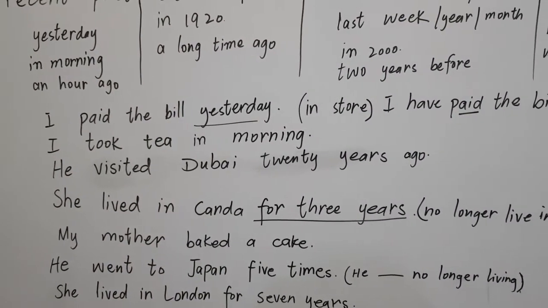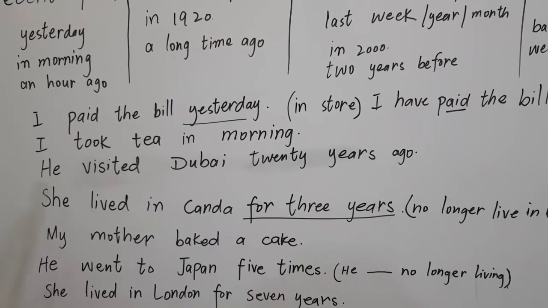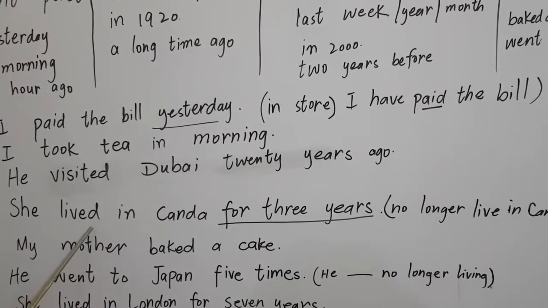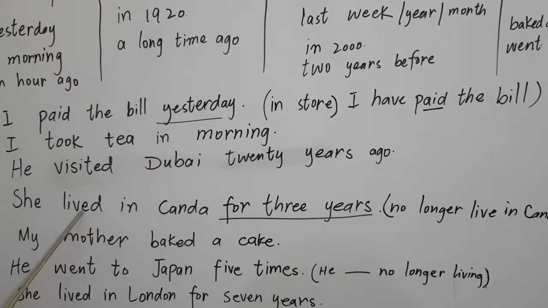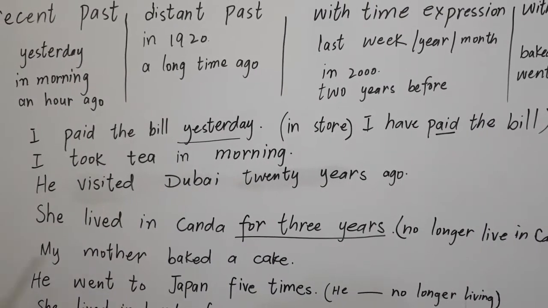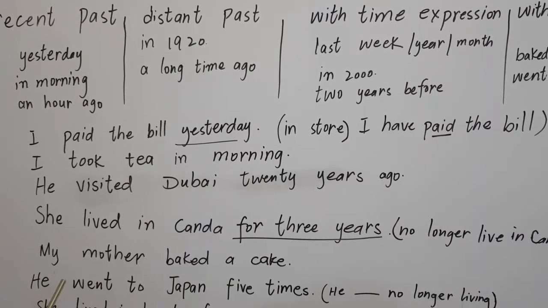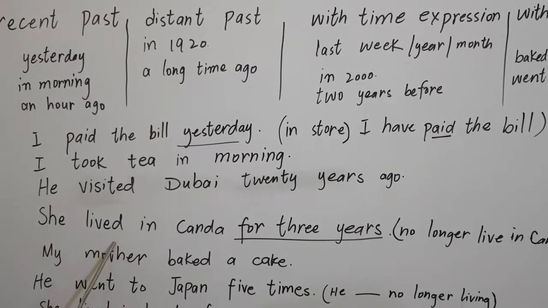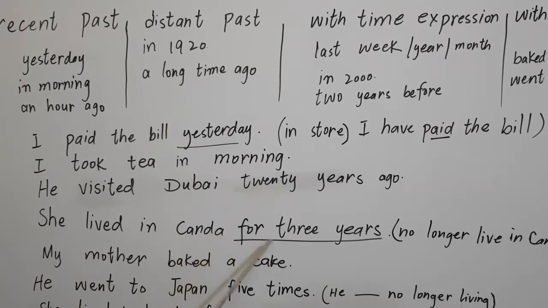She has lived and she is still living. But if she lived and this action now no more continues in present time, it is completed, now she is not living in Canada, then we will use she lived in Canada for 3 years.